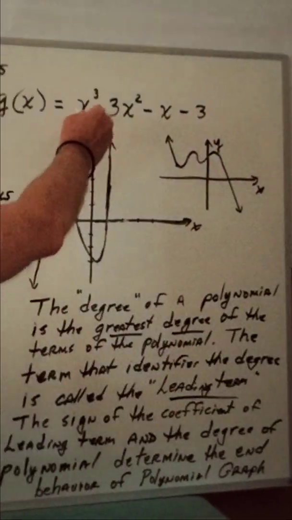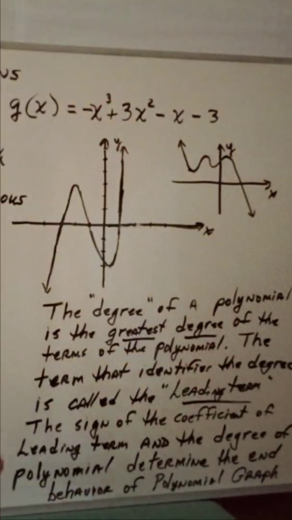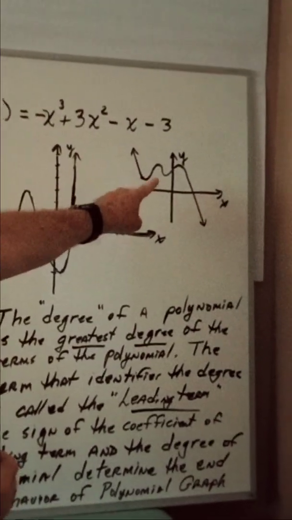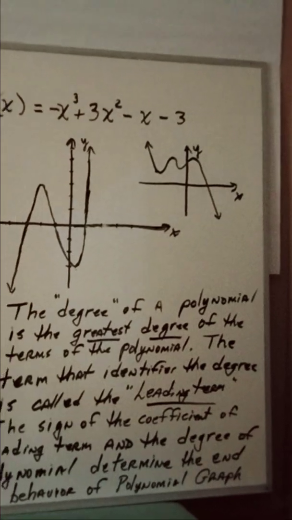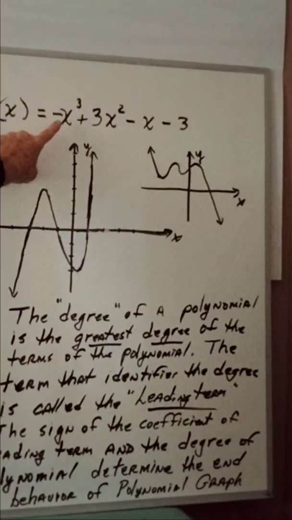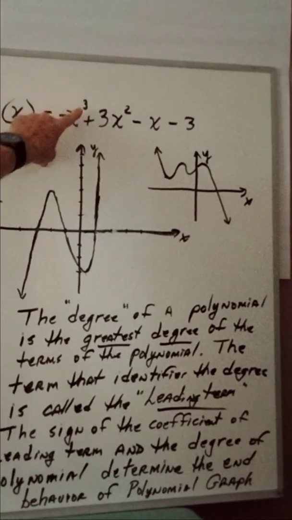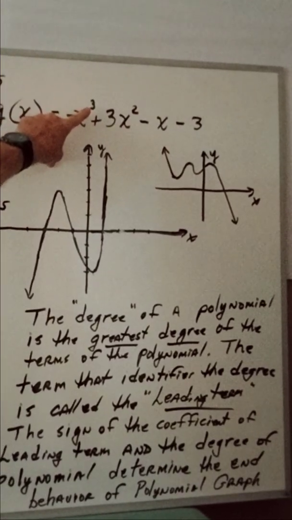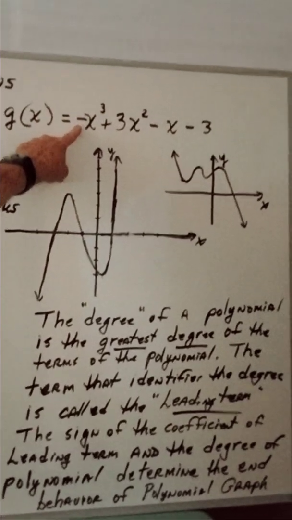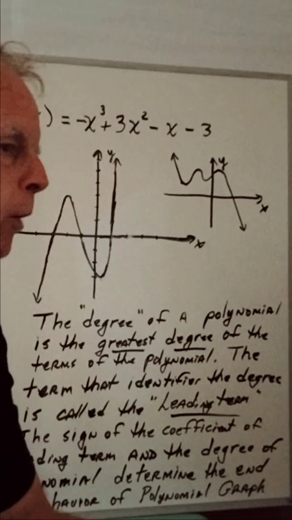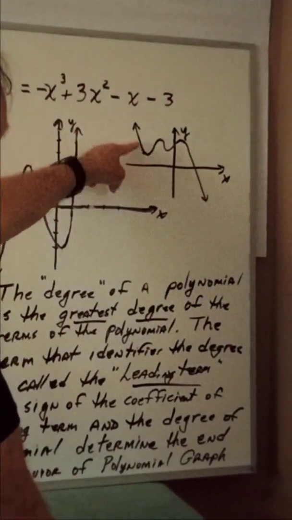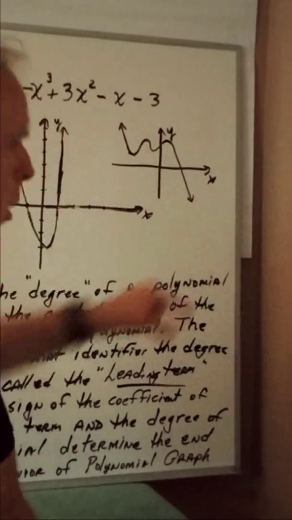If I were to make this negative, now, please understand, that would not be the graph of it. But let's just use it based on the change that I made here. This is an odd degree polynomial. It's 3. Its coefficient is negative. What will the end behavior of the graph look like? It will rise to the left and it will fall to the right.